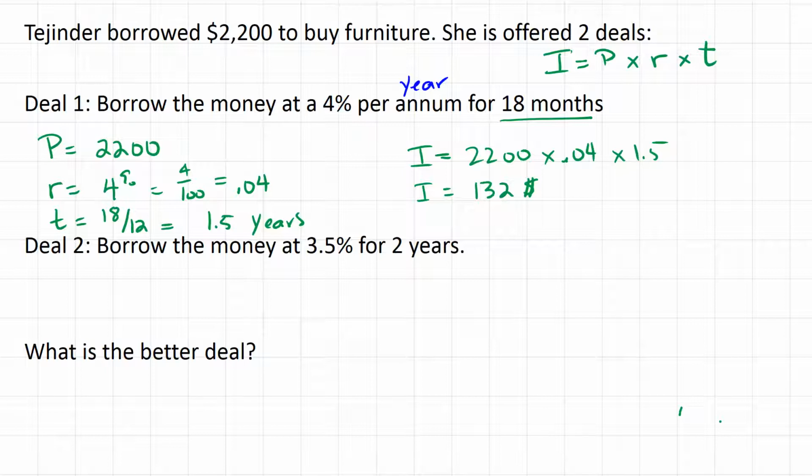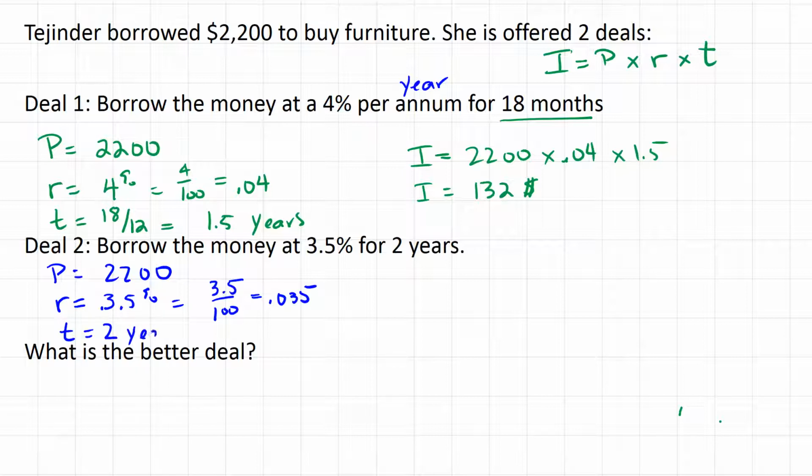Now what about if she used this other deal? So here the principal is also $2,200. The interest rate is a little bit lower. It's 3.5%. And I'm going to change that to a decimal. And the time is 2 years.